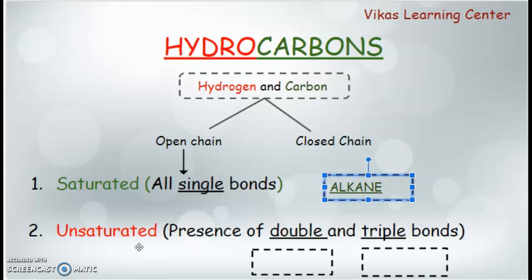Wherever you notice the presence of a double covalent bond in the hydrocarbons, these type of hydrocarbons are called alkene. And the presence of a triple covalent bond, these are called alkyne. So we understood that the saturated hydrocarbons are the alkane, and alkene and alkyne are the unsaturated hydrocarbons having double and triple bonds respectively.